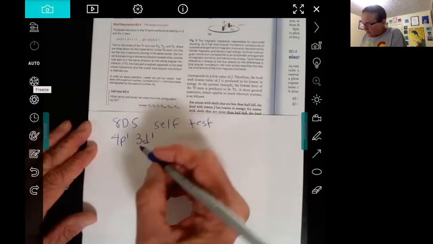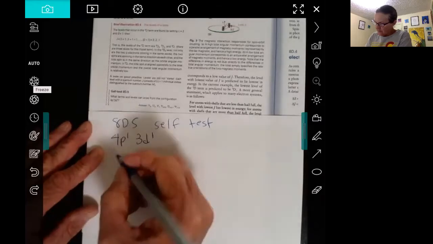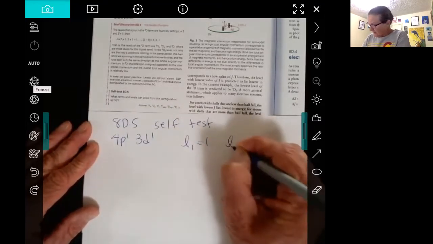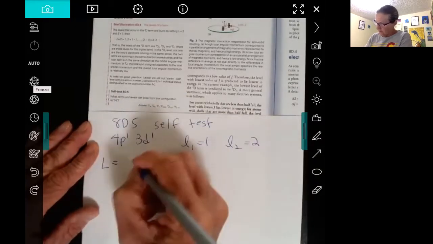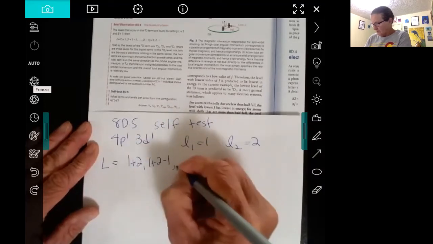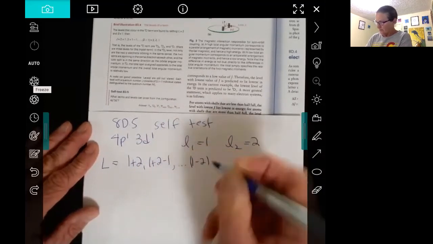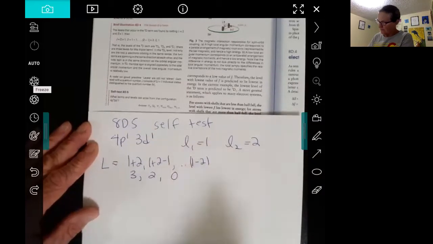Okay, so first let's figure out what our L values are. We have L1 equals 1, L2 equals 2. So our total L can be 1 plus 2, 1 plus 2 minus 1, all the way down to the absolute value of 1 minus 2. So it can be 3, 2, and 1.